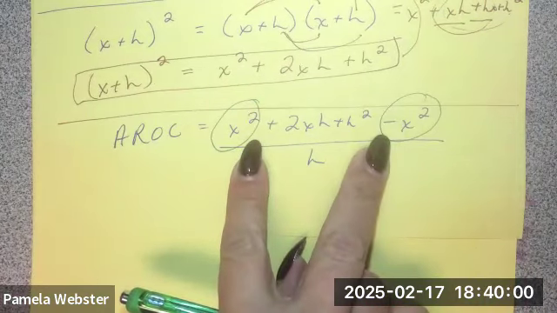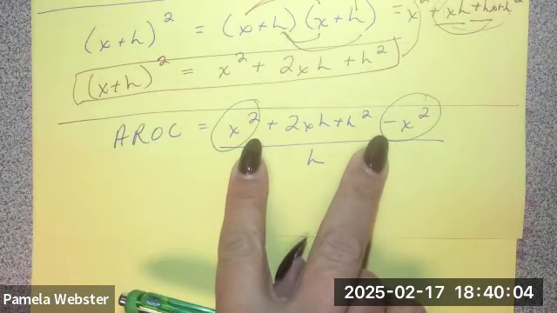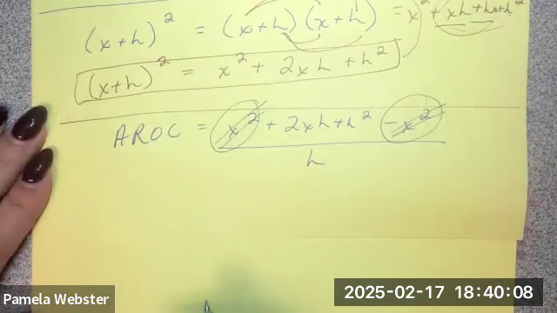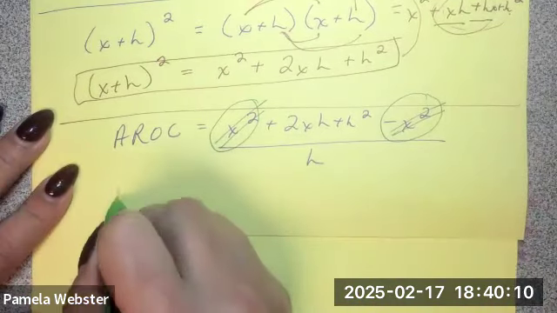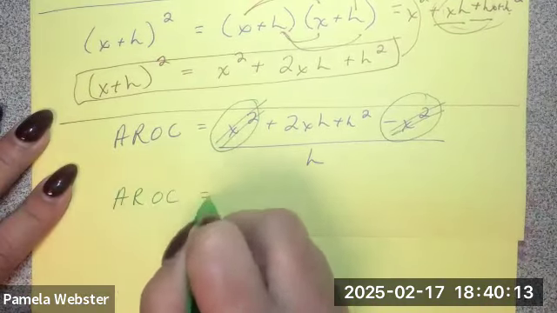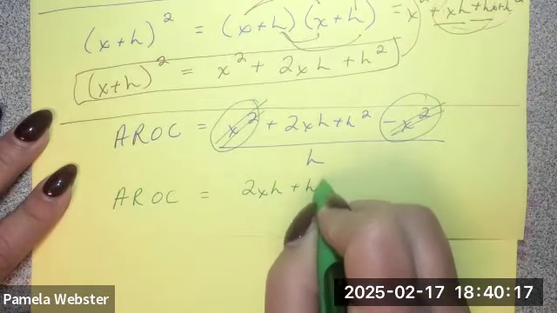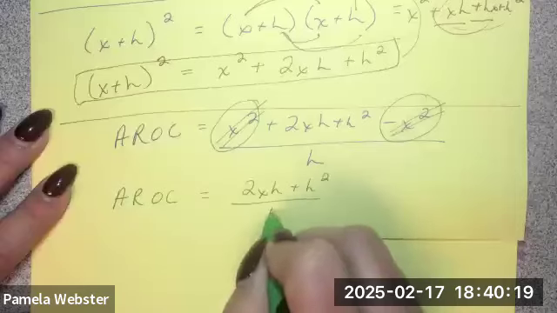I've got a positive x squared, I've got a negative x squared. So things that don't have h's in them, those are going to go away. x squared minus x squared is just 0, right? And then I'm going to be left with things that have h's. So 2xh plus h squared all over an h.